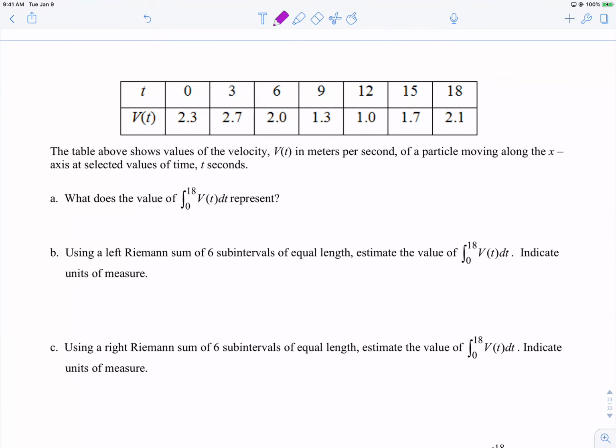Okay, so the table above shows the values of velocity. You can read this yourself. So what does the value of the integral from 0 to 18 of velocity represent?